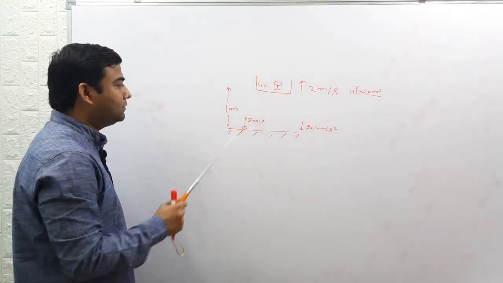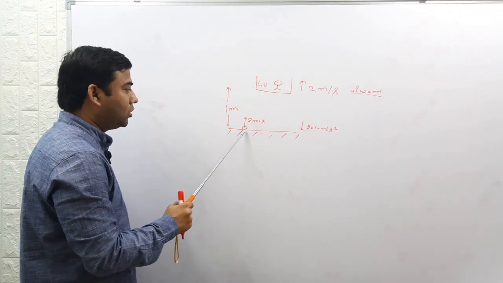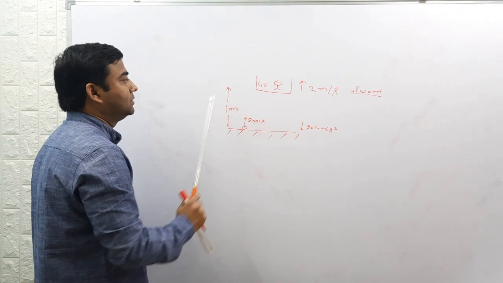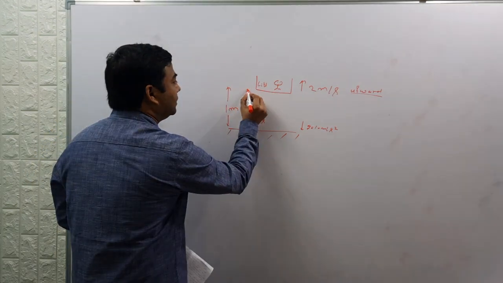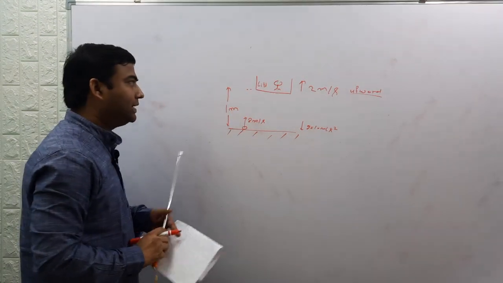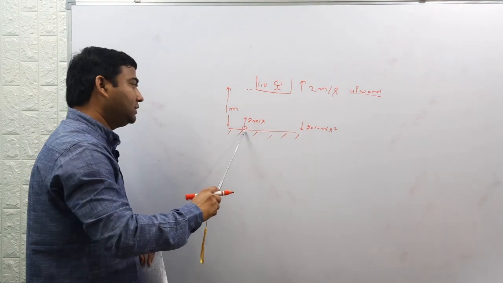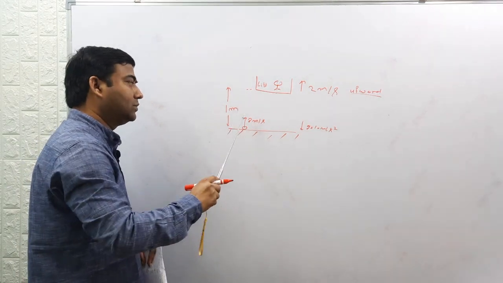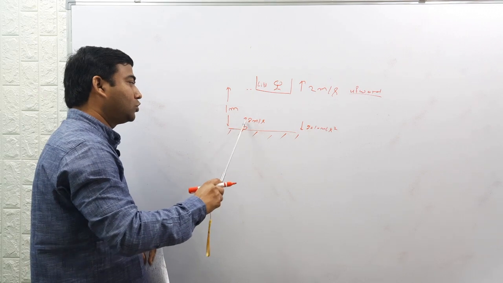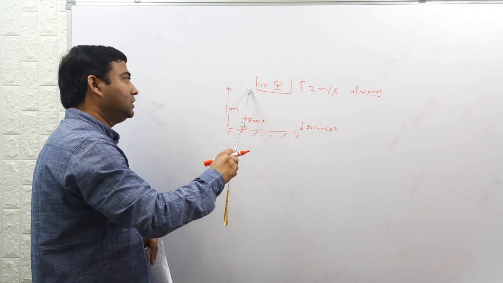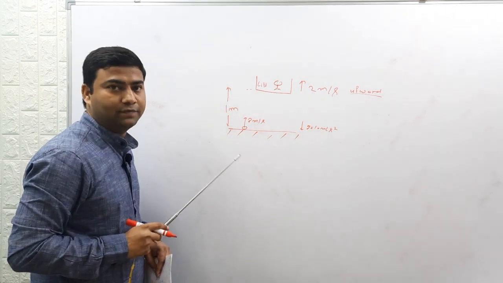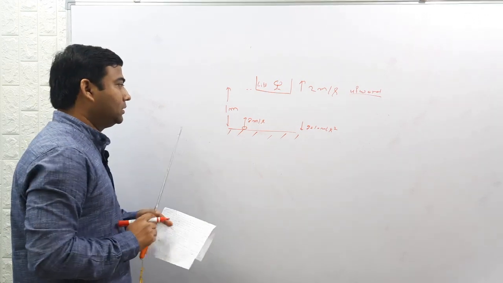So we have to find when this object will cross the floor level of the lift, as seen by this person. That we have to find.